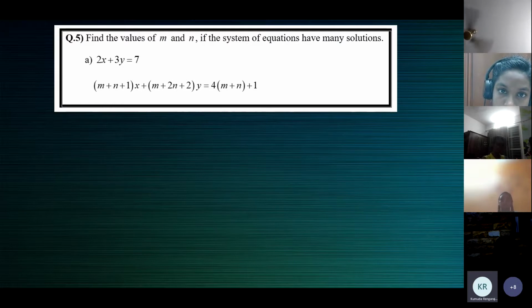Find the values of m and n if the system of equations have many solutions. Write down the question, children.